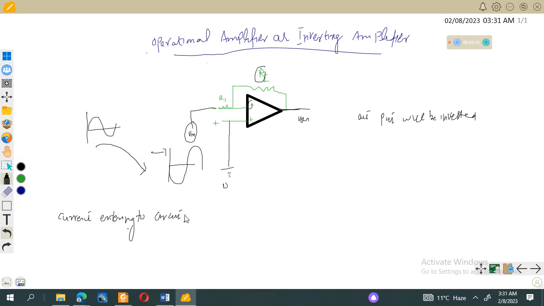Let the current which enters the circuit be I1, and the current leaving the circuit be I2.